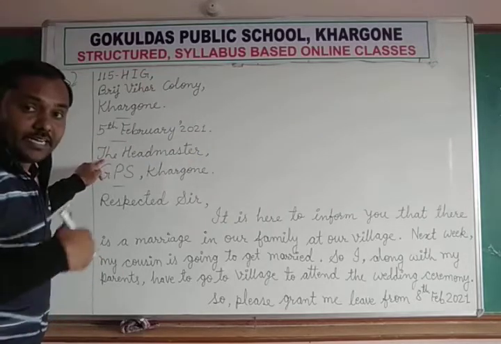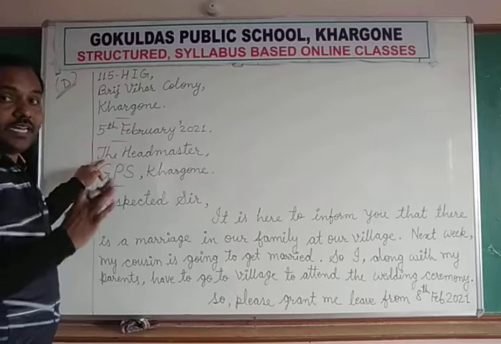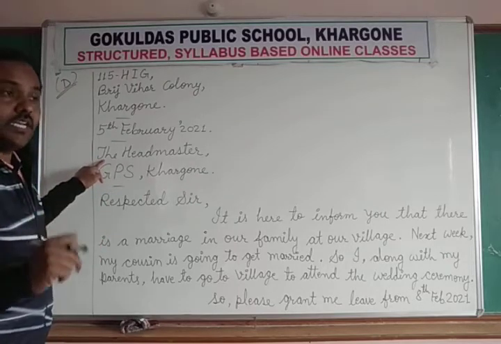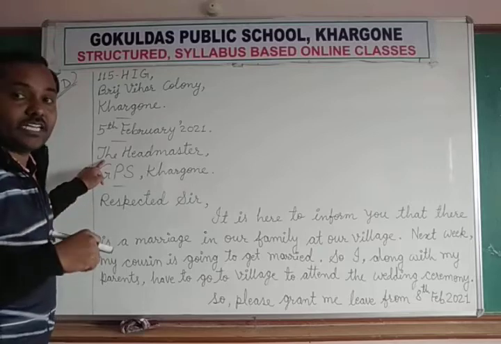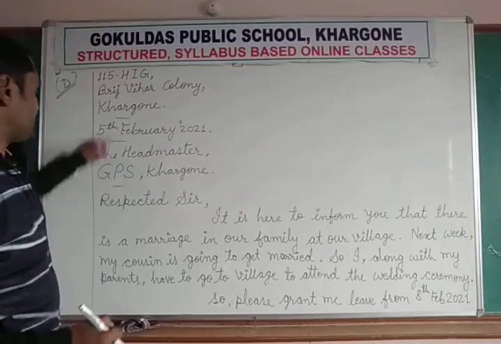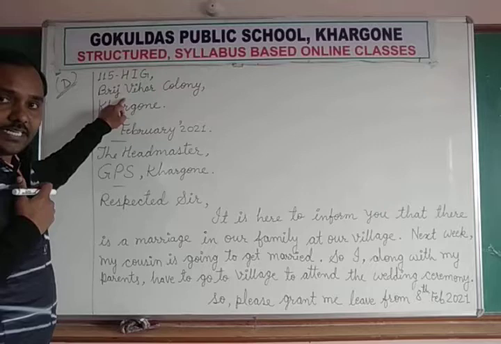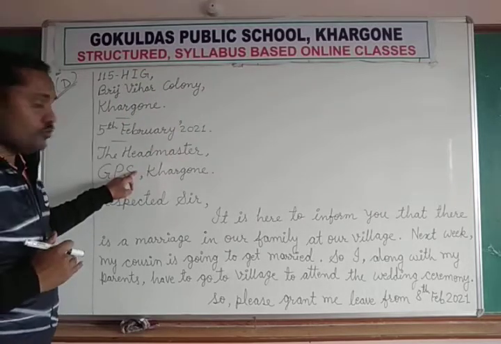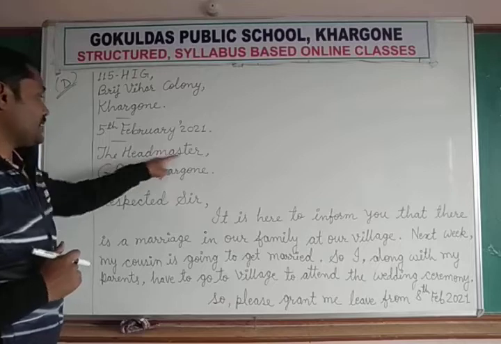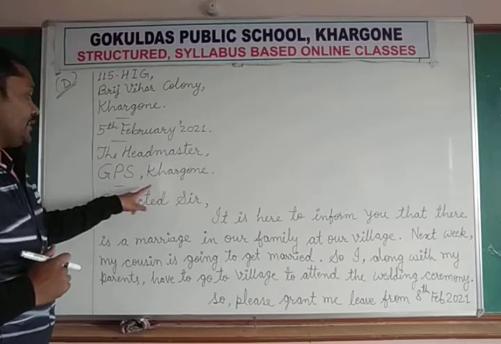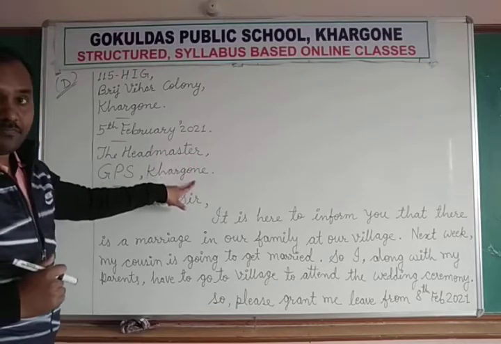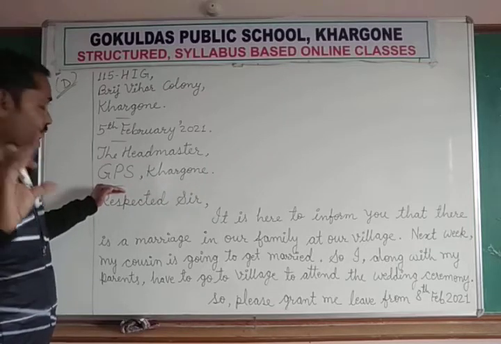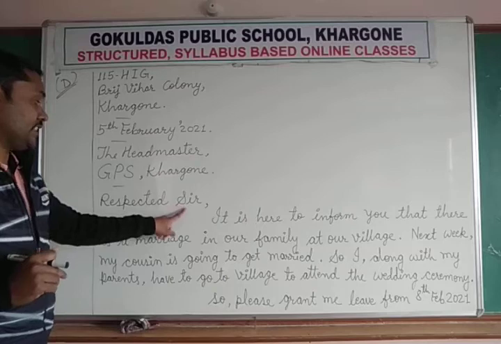Then the address of the recipient to whom we are writing this letter. In this type of formal letters, we note down the address of the recipient also. Two addresses: one address is ours and one address is the recipient's. The Headmaster, comma, GPS, comma, Khargone. Then again a gap of one line, then Respected Sir.